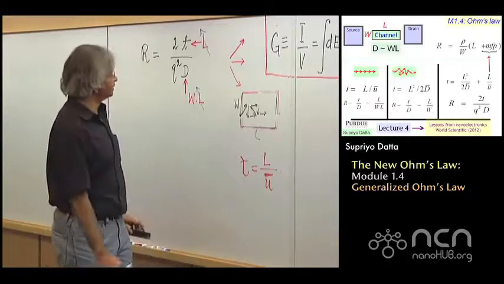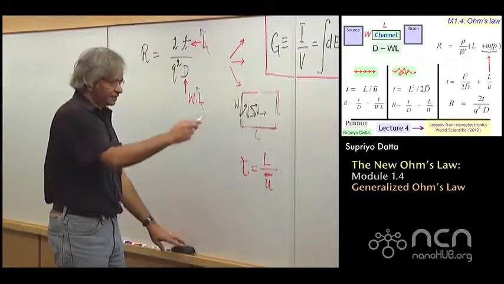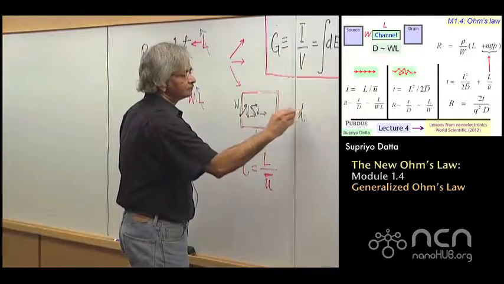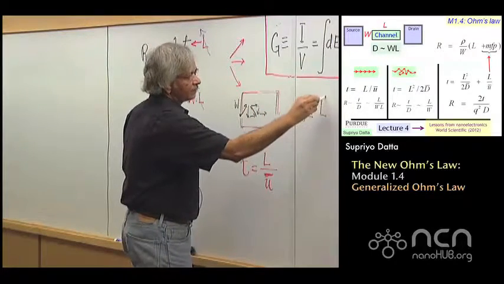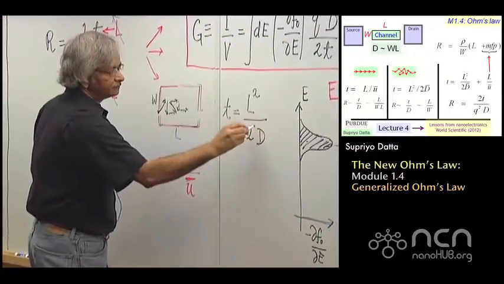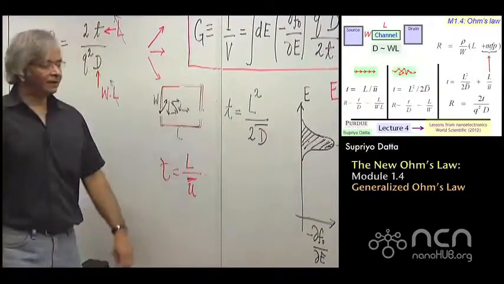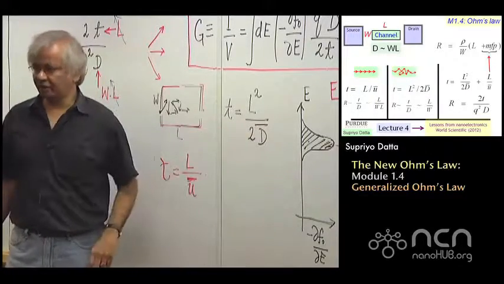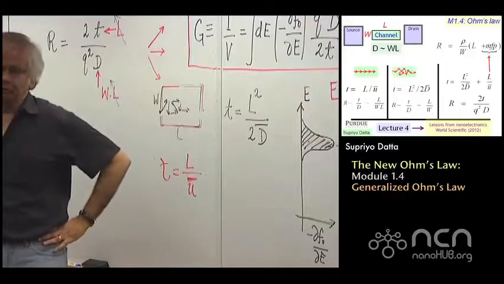So, the standard result is that the time for this looks like L squared divided by 2D, where this quantity, which I've written with a D with a bar on top, is called the diffusion coefficient.